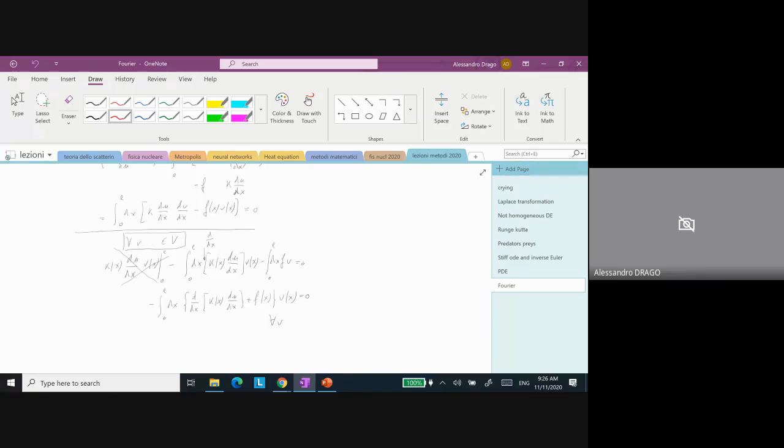And I also mentioned another way of formulating the same idea, which is the idea of virtual works.